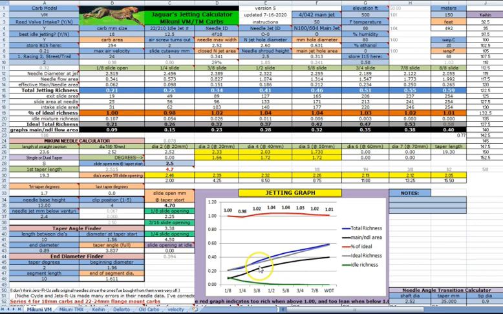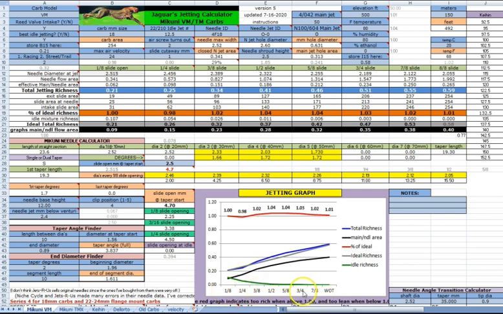So this black graph right here shows the combination of needle and main jet and its richness. And that little kink right there is showing you that it's opening at 1/4 slide open. This is not throttle openings.